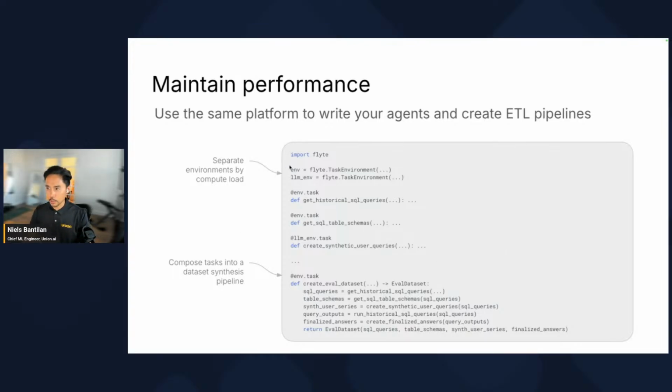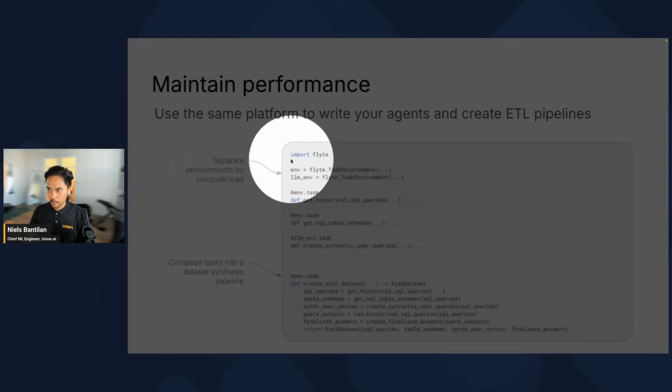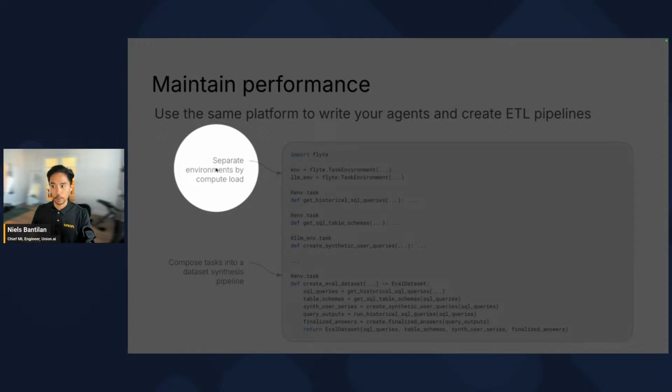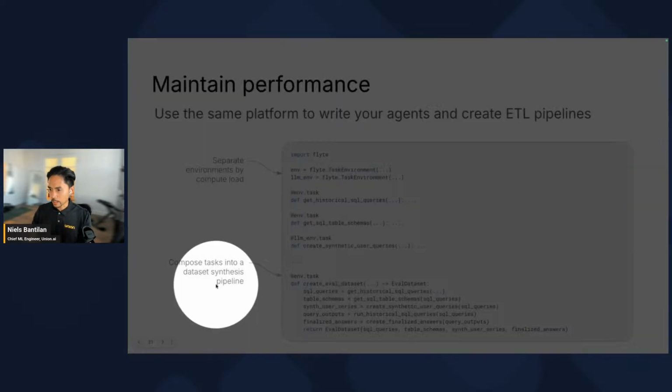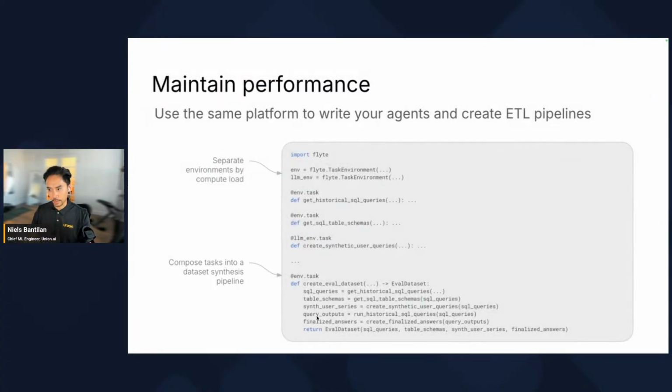So here again, I'm using environments, and I'm using different ones, right? Something that I'll get to later in this webinar is that you can disaggregate your compute so that you can use GPUs in one environment and CPUs in another. And really, this is just our data synthesis pipeline shown pictorially in the previous slide.